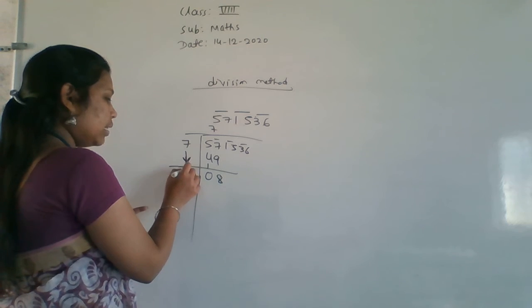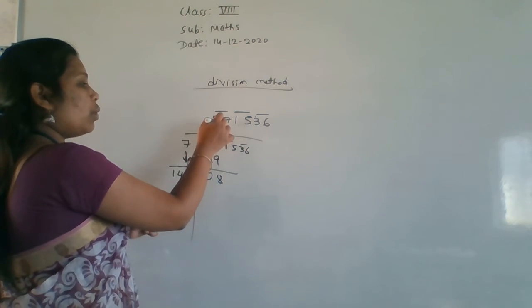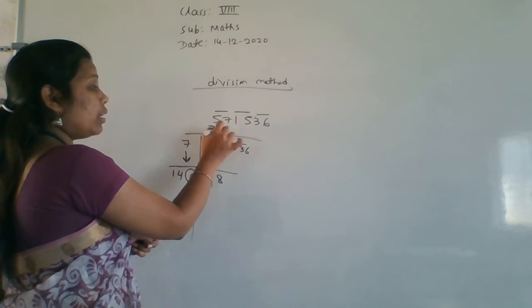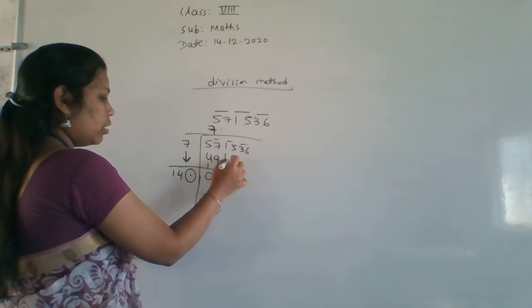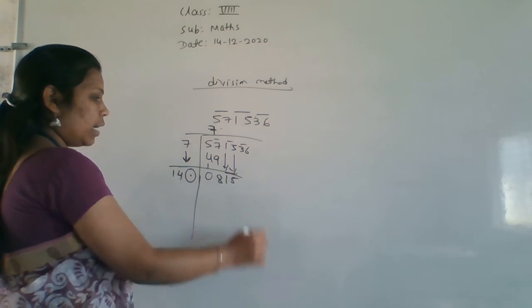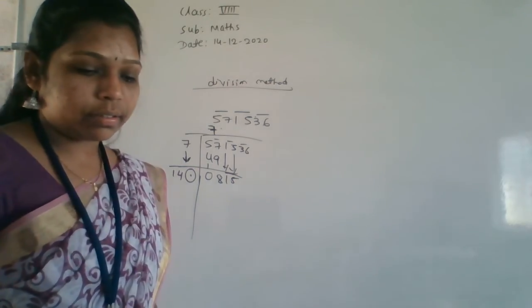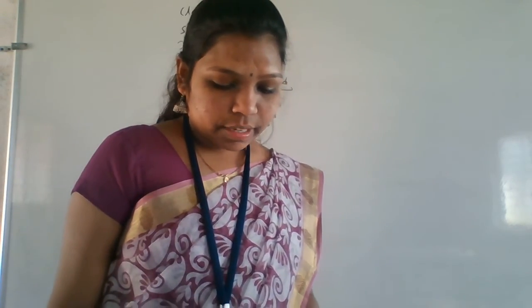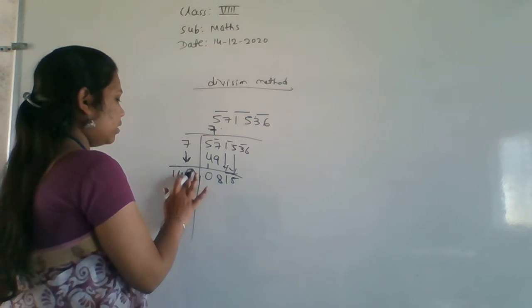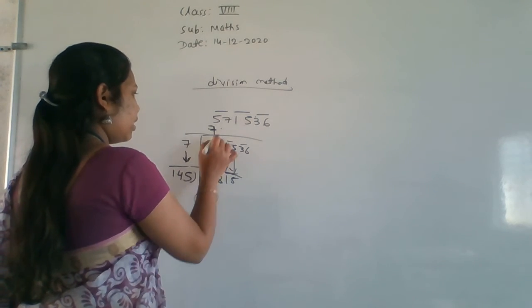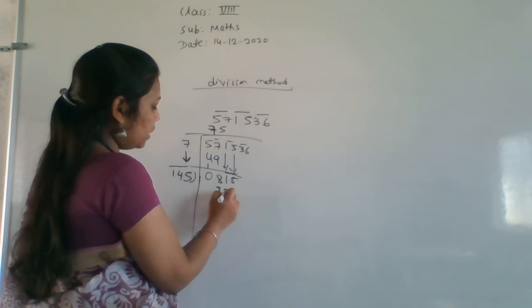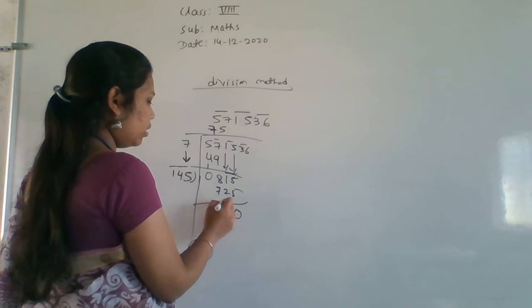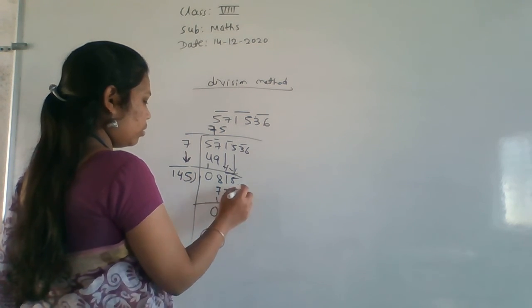Whatever you write in the last place, that same number you have to write in the quotient. At a time you take two numbers. And 145 times 5 is 725. So we are left with 90.